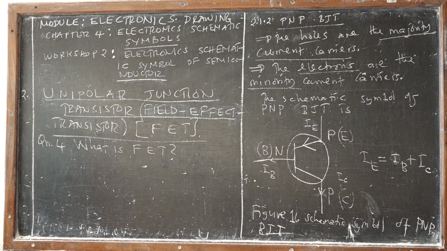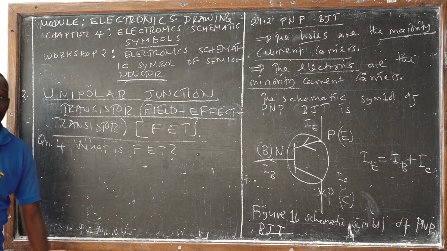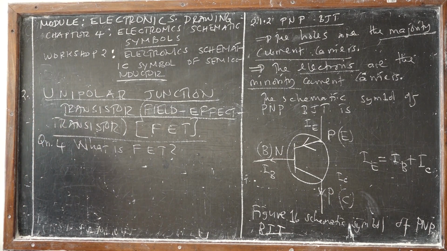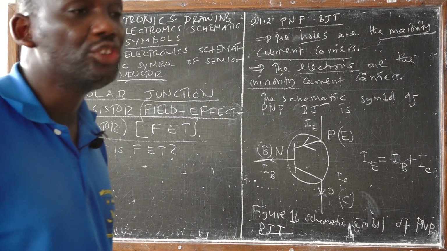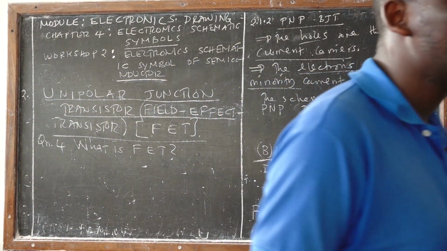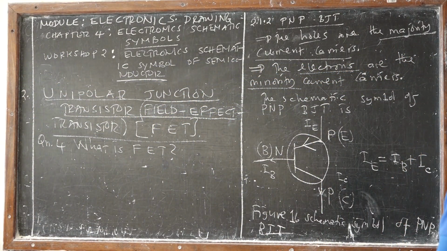So for the unipolar junction transistor, you expect it to be a type of transistor which can conduct electricity by using only one current carrier.